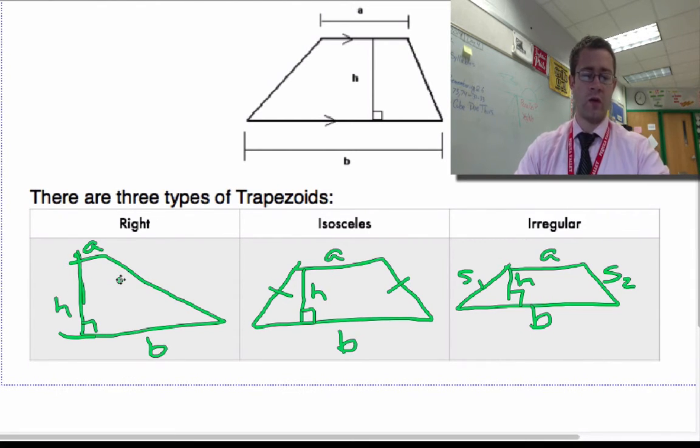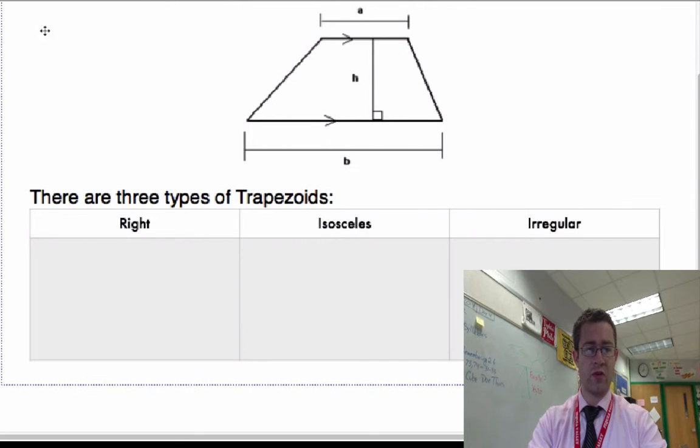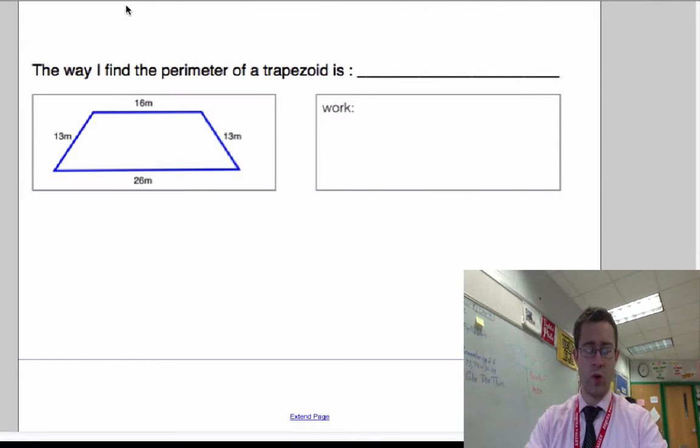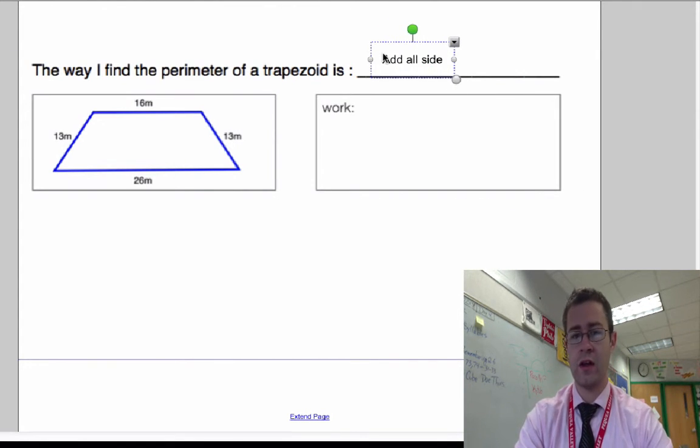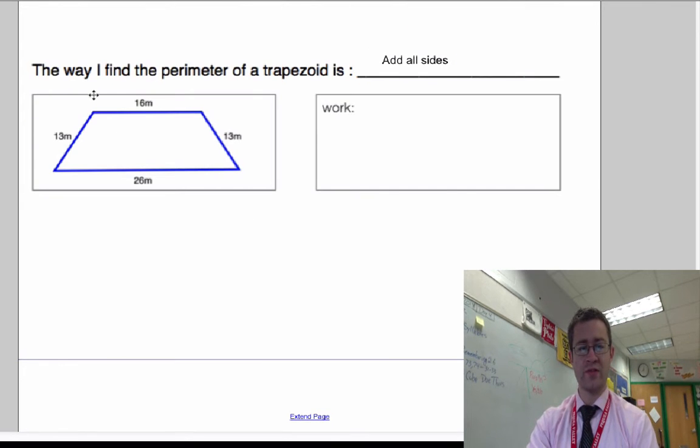Okay, so part of what we need to be able to do with these is find the perimeter. Now we know perimeter is the distance around, and so the way we find it is we add all sides. If I have something like this, it's pretty easy, but sometimes you will see that there is a height involved, and it'll give you like the height of this would be 10 meters.